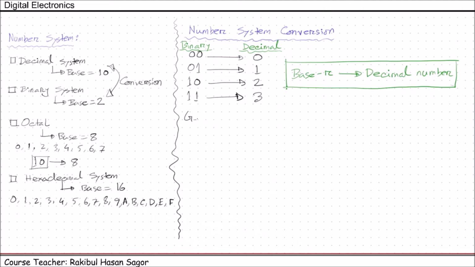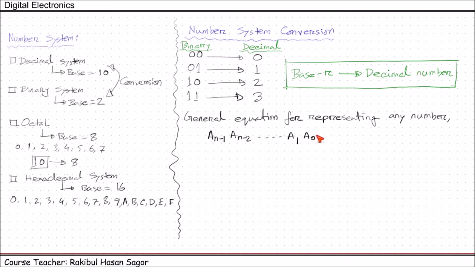Suppose the general equation for representing any number is a n minus 1, a n minus 2. In this way it will continue, and this n value will be reduced, down to a1, a0.